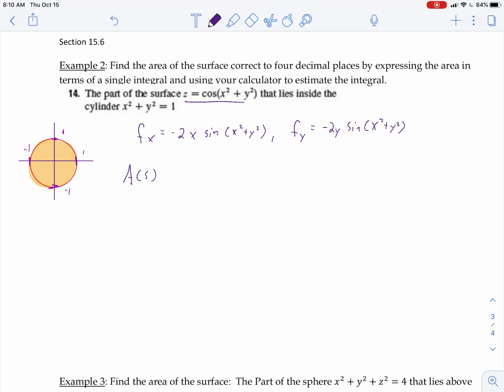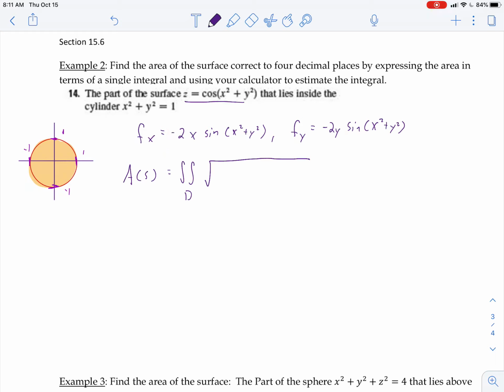We're going to start with our region, so A of S. We're finding the surface area, so we take the double integral over our region D, that's the domain. I'm going to go ahead and substitute this in.